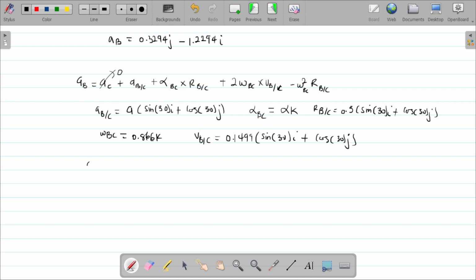All right, so acceleration of B is equal to 0 plus acceleration of B with respect to C, a into bracket 0.5 i plus root 3 on 2 j. This is the substitution I'm making.